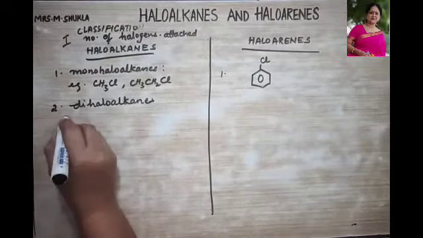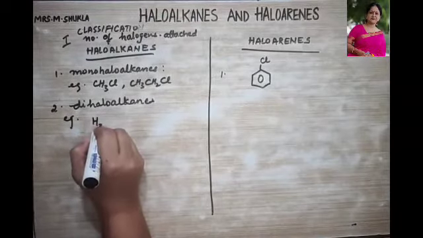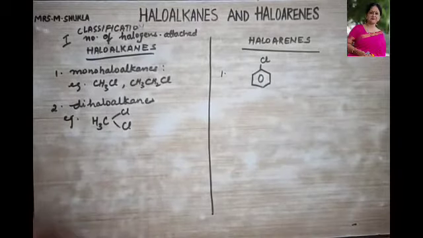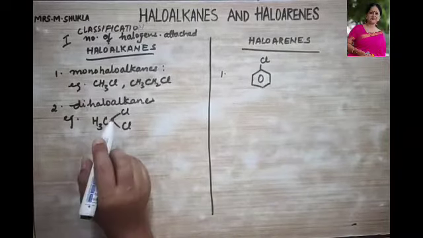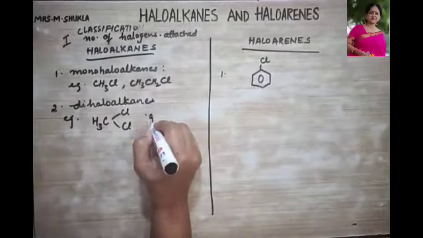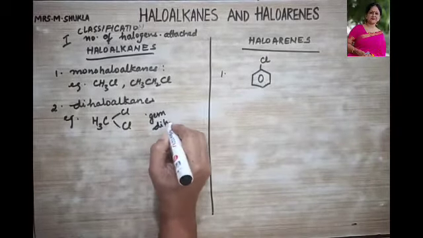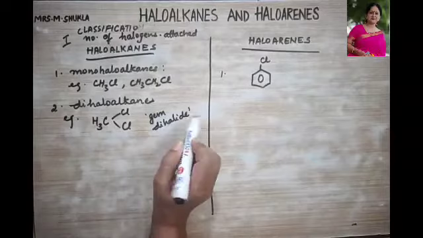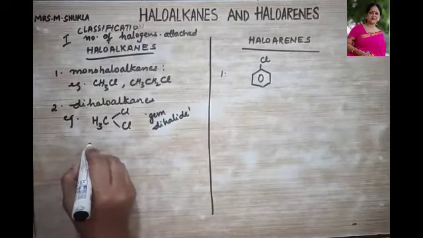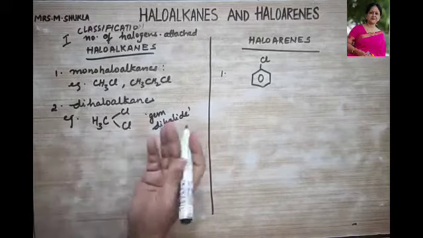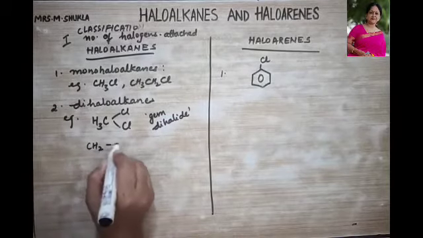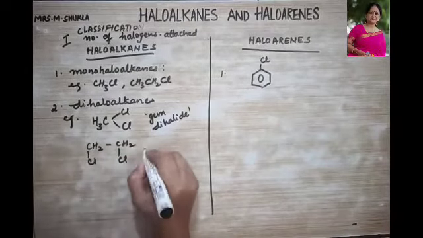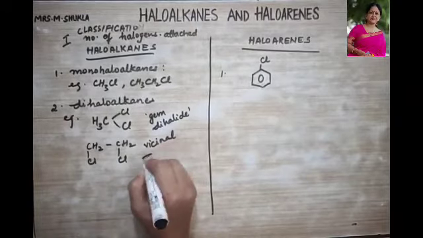Take an example: two halogens attached to one carbon is termed a gem dihalide. It is also possible that two halogens are attached to two different carbons, for example CH2Cl CH2Cl. In this case, this is called a vicinal dihalide.